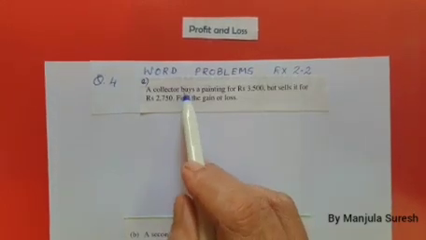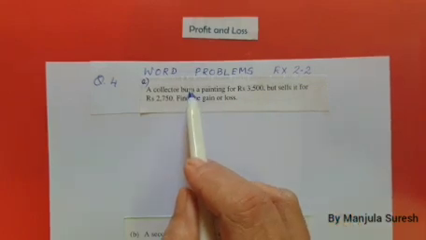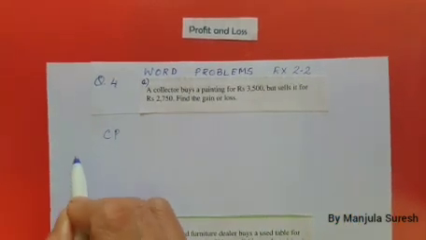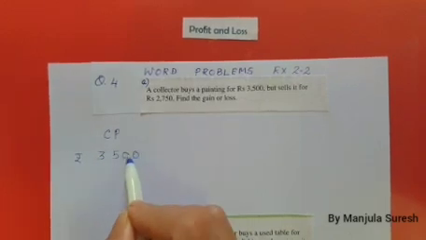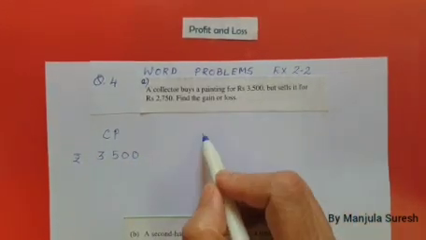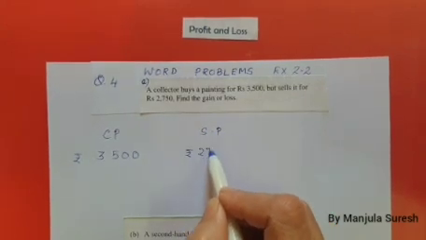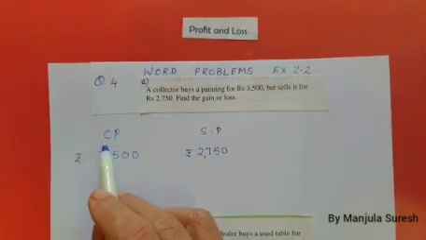So he is buying an item for 3,500. Buying means that is the cost price. So 3,500 is the cost price. And he sells means that is the selling price, that is rupees 2,750. So we got CP and SP.